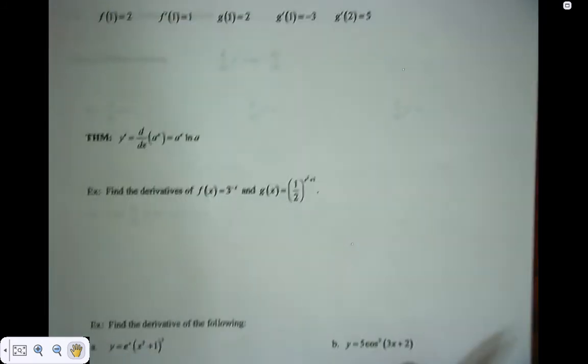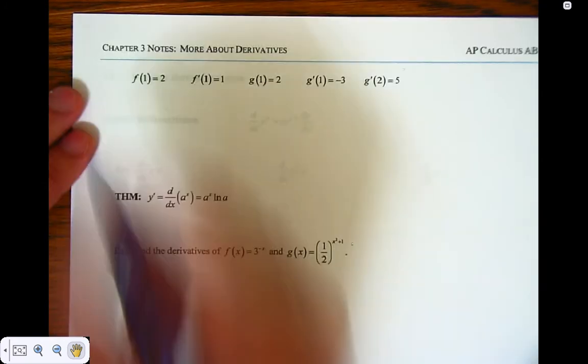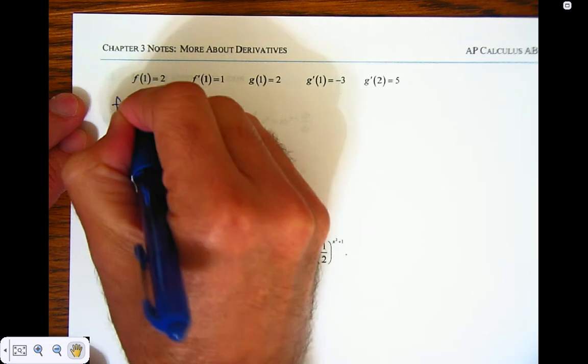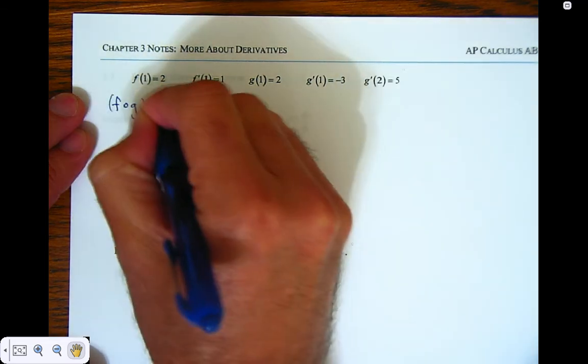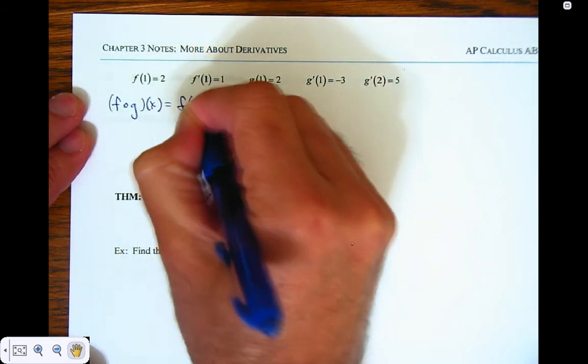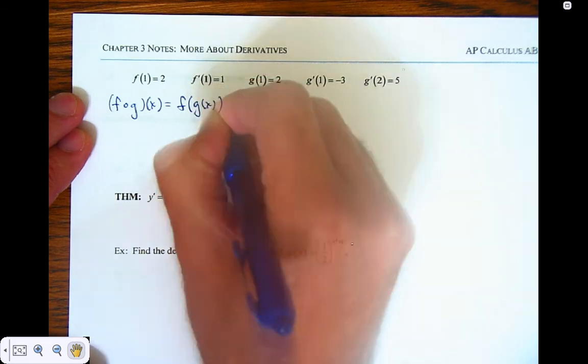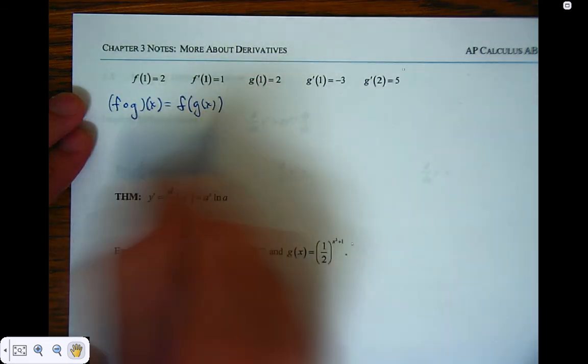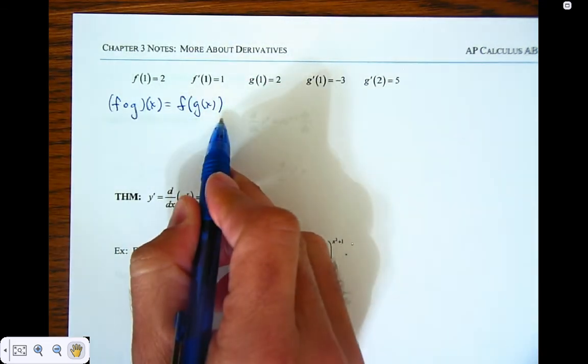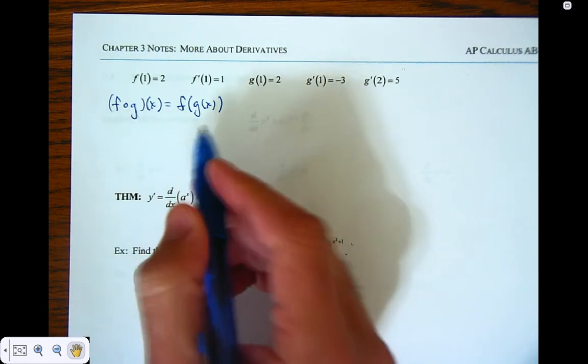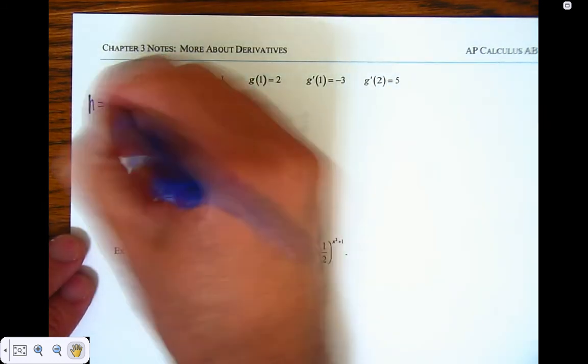So at the top of the next page, I'm going to rewrite the function. So remember, f of g of x is the same as f of g of x. Okay, so these are equal. They want me to find if h is equal to this.